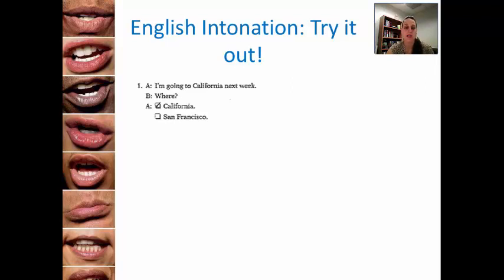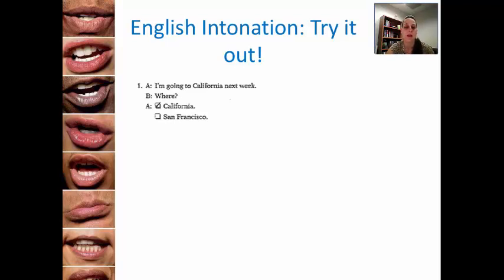I'm going to California next week. Where? San Francisco. So the answer there is San Francisco because my tone did not rise. My tone fell. And so I was not asking the person to repeat themselves. I wasn't uncertain about what was said. What I wanted to know was more information.